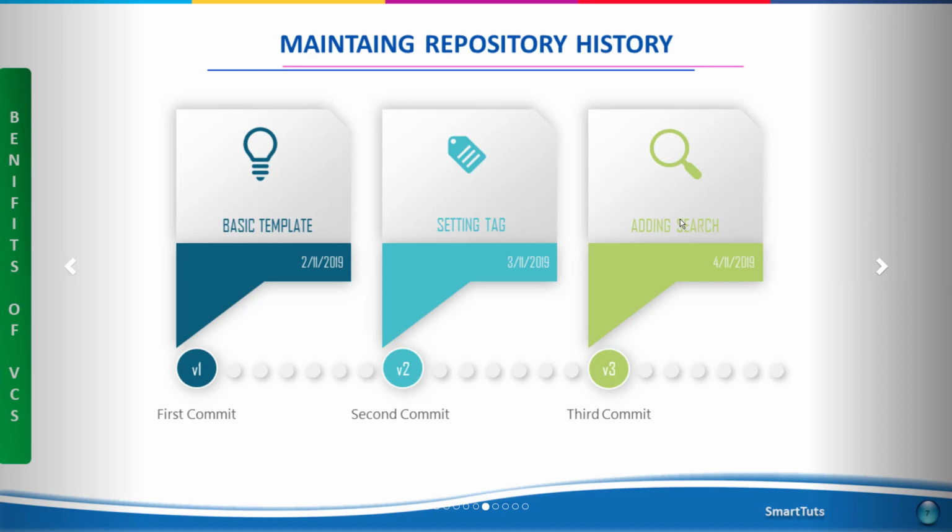So it maintains all the repository history. Anytime you are confused about what you did at the last stage, you can revert back to the history, and it will show you the changes you have made. This is how repository history is maintained.